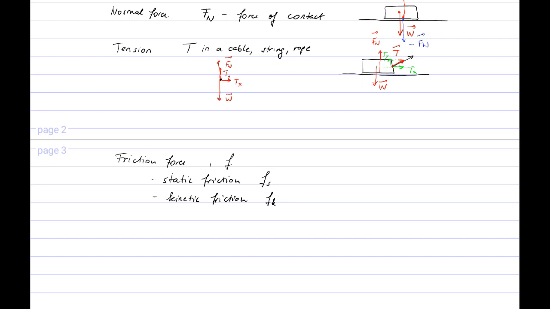Now, friction force has an equation. So the kinetic friction is equal to the coefficient of kinetic friction times the normal force. The static friction actually has various different values. So if you place something on a horizontal table, it won't slide.